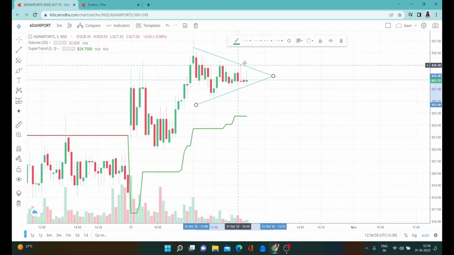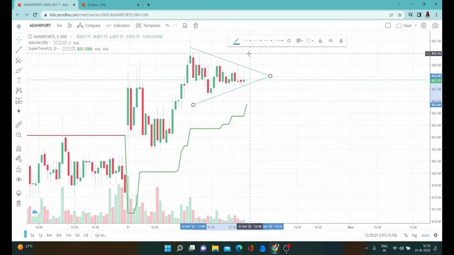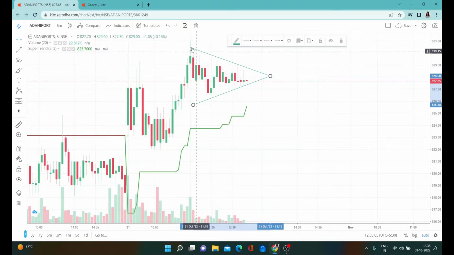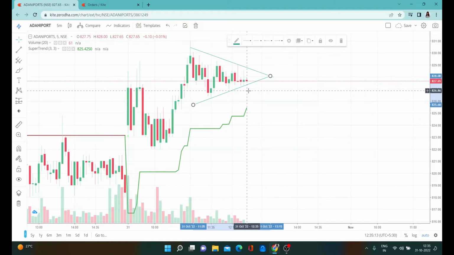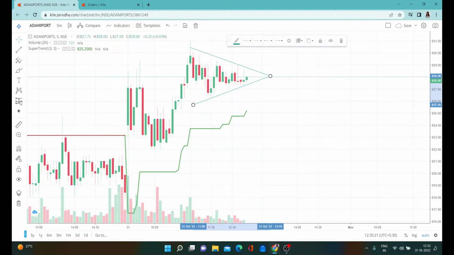In case it breaks in an upward direction, we take a long position. So suppose it breaks over here at around 826.8, we can take a short position comfortably.